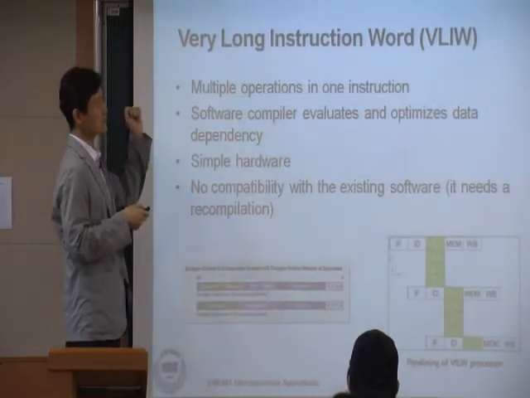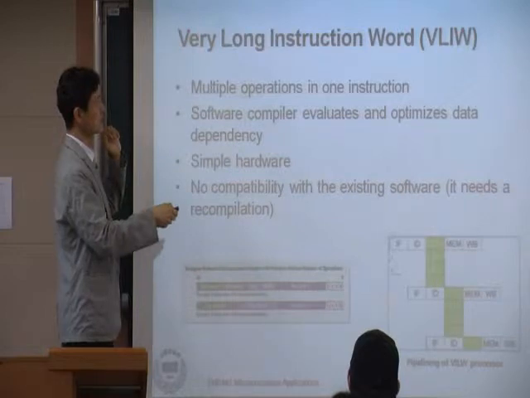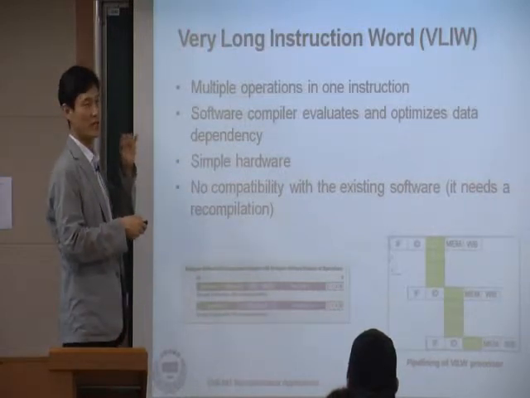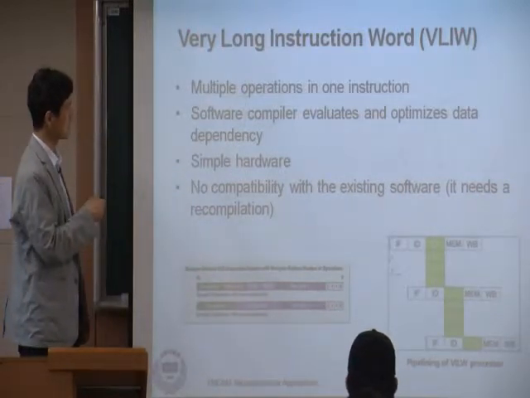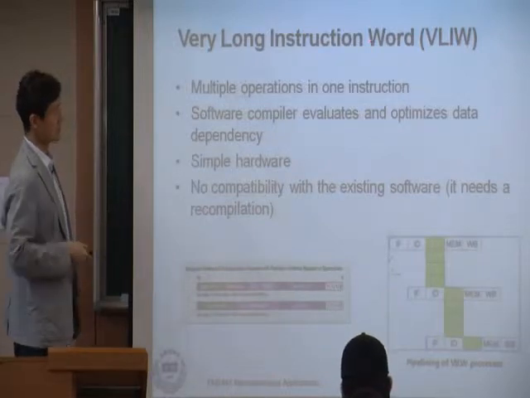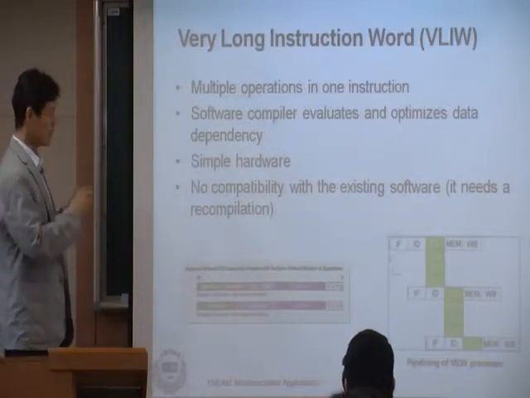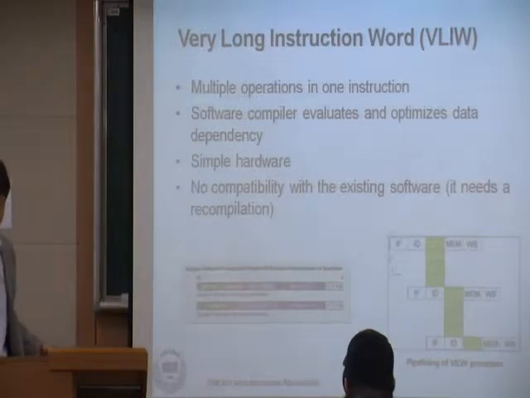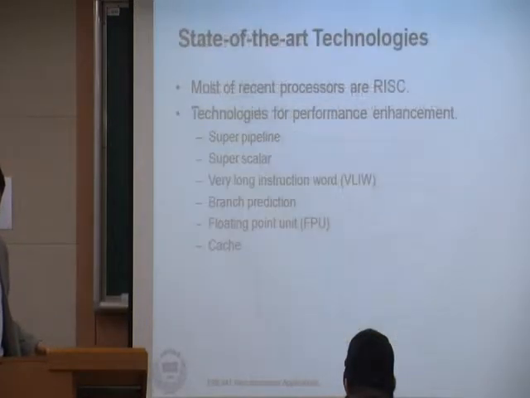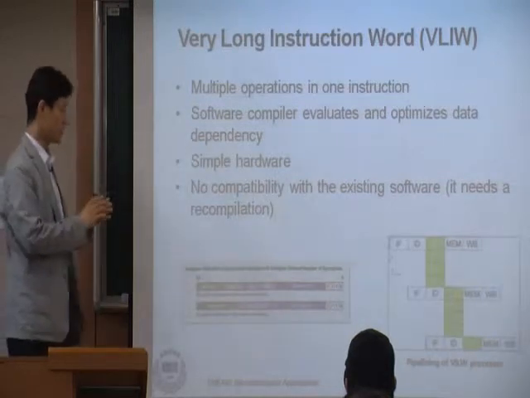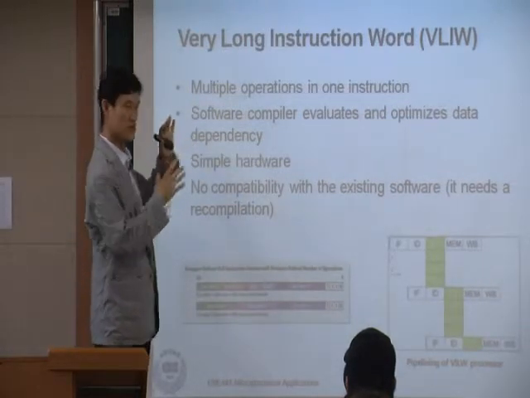So in DSP processors, this technology is popular, VLIW. Let's understand what this means. A very long instruction word. It's actually very simple to understand. So far, we learned that there are a lot of instructions.